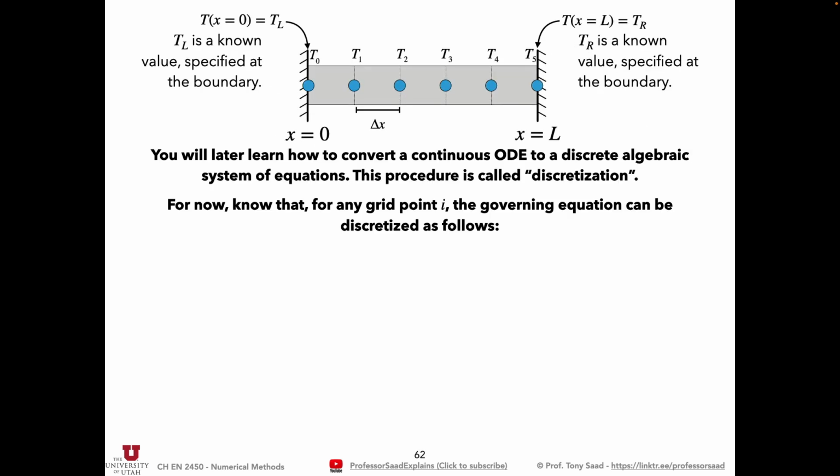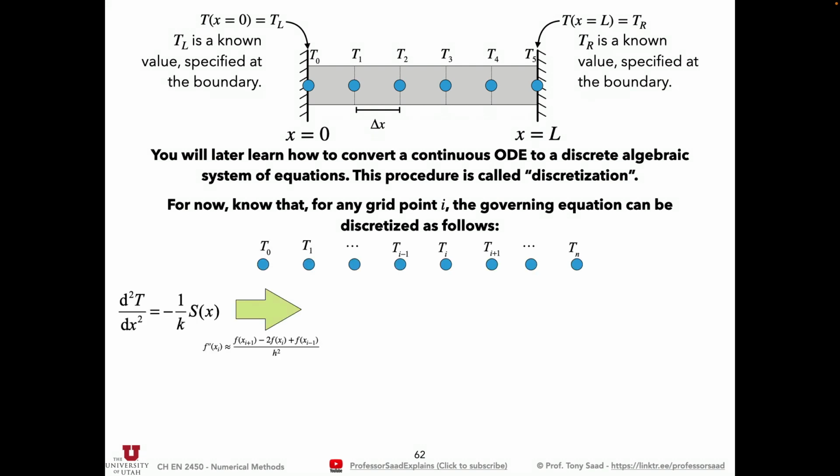So later you will learn how to convert a continuous differential equation into discrete algebraic systems of equations. So what I mean by that is I want to convert this ODE from a continuous derivative to linear equations. Right? Linear equations are algebraic. That's what we started with. We're solving algebraic equations. Okay. And the process I described in the lecture on YouTube is, again, you don't need to master this now, but I want you to understand how I'm doing this.